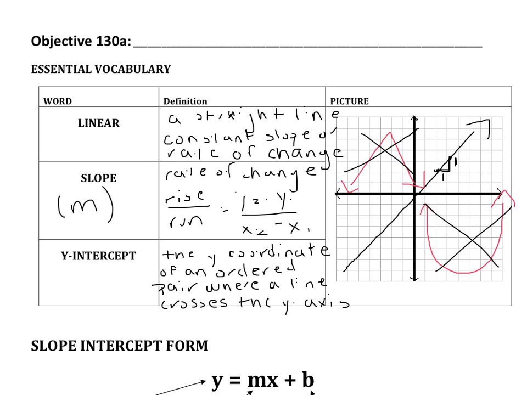So if we're looking at this line that I just drew, the y-coordinate where it crosses would be right here. That's the y-intercept. We use the letter b to represent the y-intercept, and we'll talk about that in just a minute. All right, take a minute and pause the video if you need to, just to make sure you don't need any of this information.